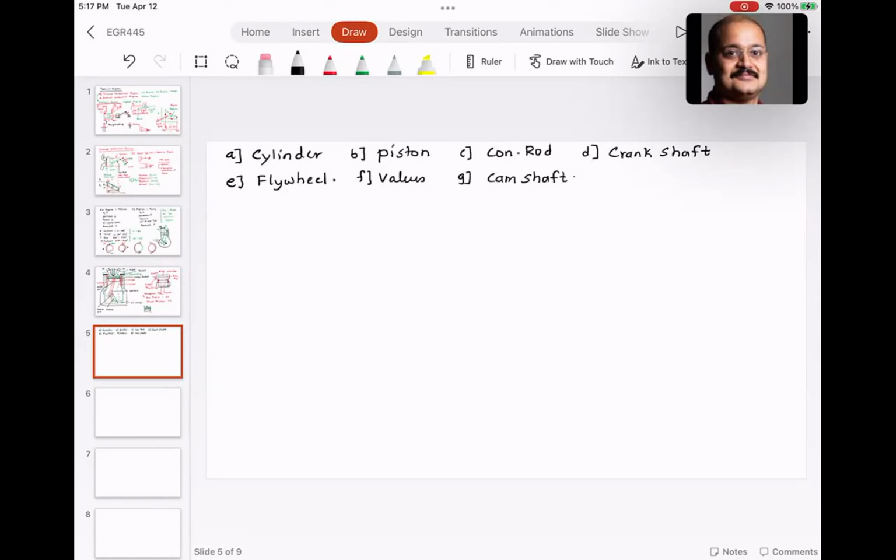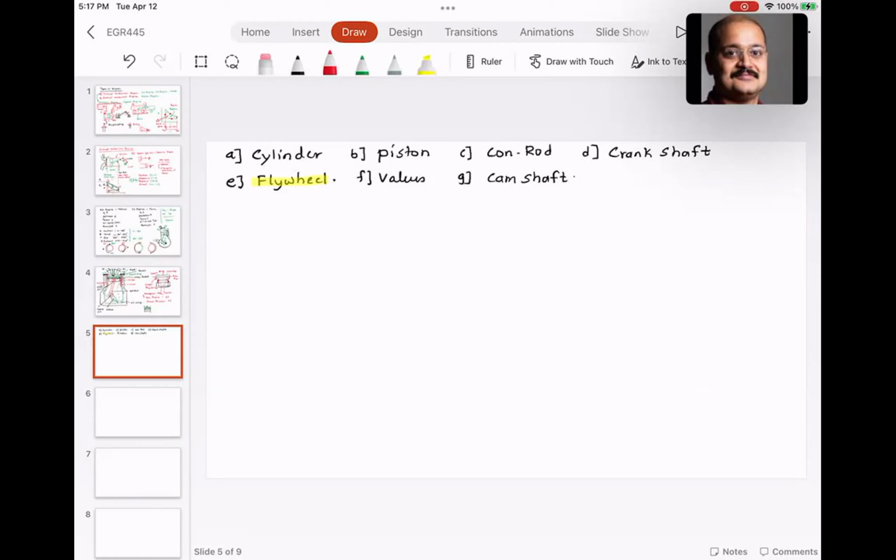One thing before I start discussing, I just want to spend some time on this flywheel. Flywheel is like a capacitor. Now, please understand whether the engine is 2-stroke or 4-stroke, out of those suction, compression, expansion, and exhaust, only the expansion stroke is where the power is coming out of the engine.